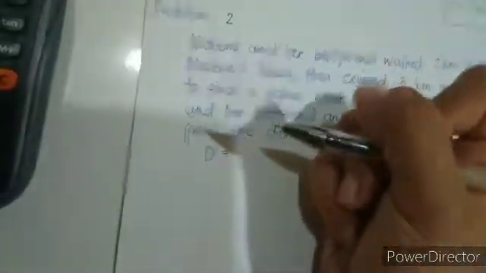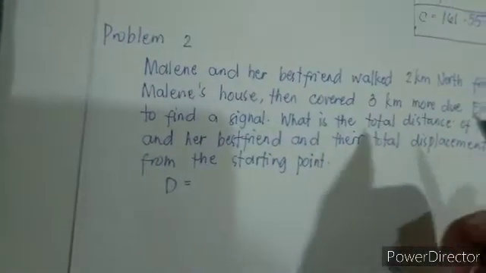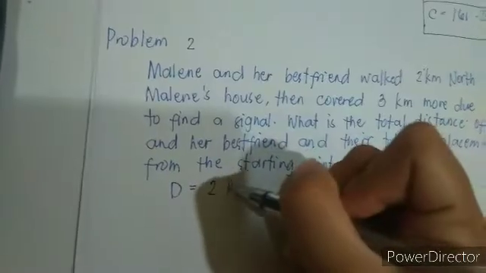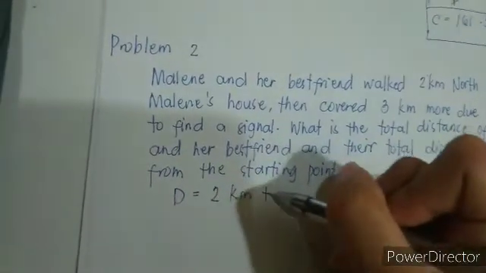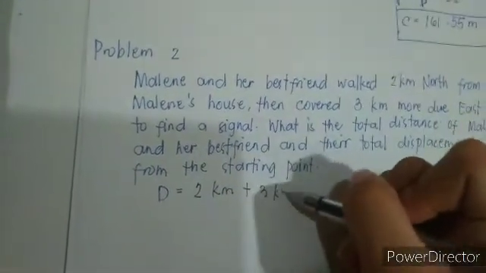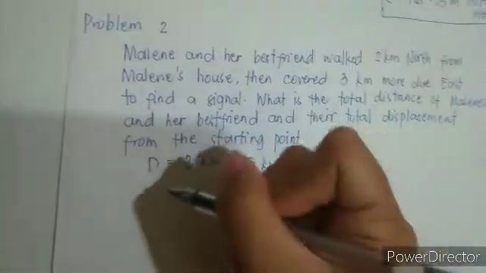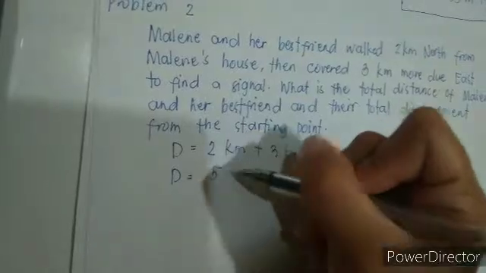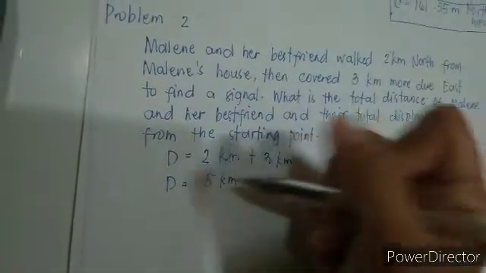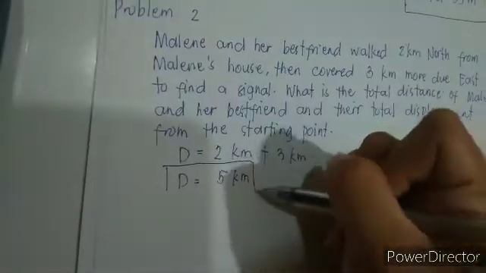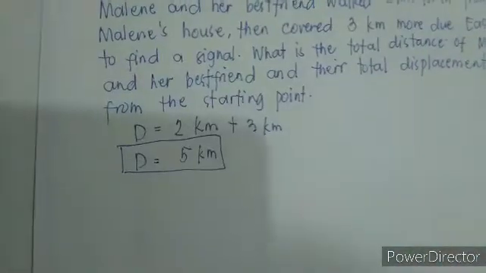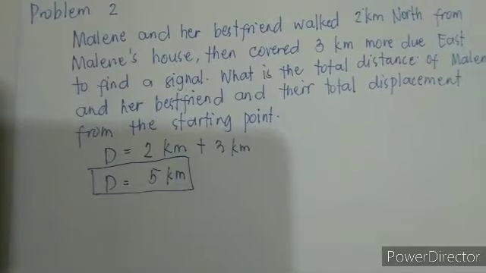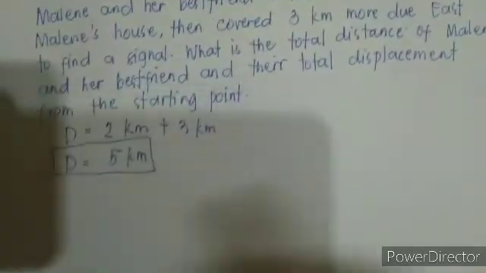D is equal to, let's add 2 kilometers plus 3 kilometers. That's a total of 5 kilometers. So the distance covered by Malin and her best friend is 5 kilometers.